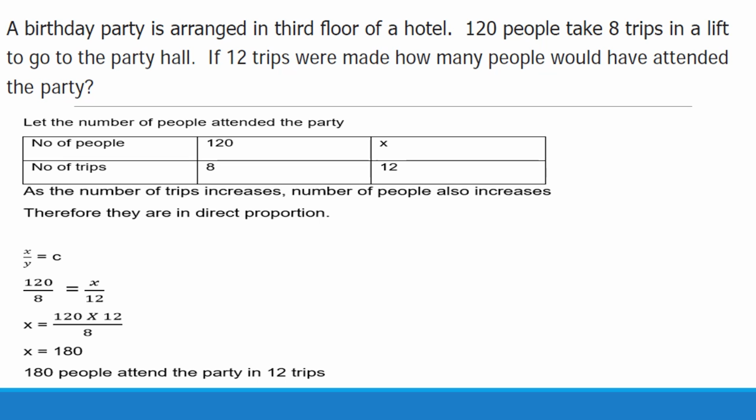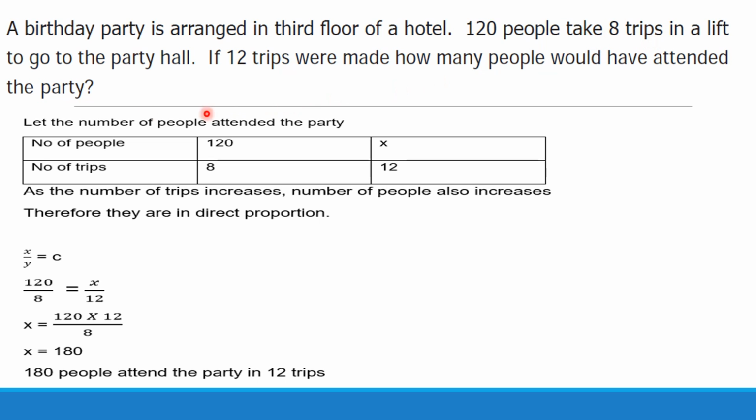Next question. A birthday party is arranged on the third floor of a hotel. 120 people take 8 trips in a lift to go to the party. If 12 trips were made, how many people would have attended the party?